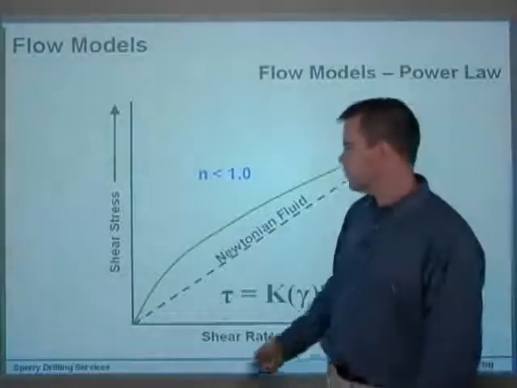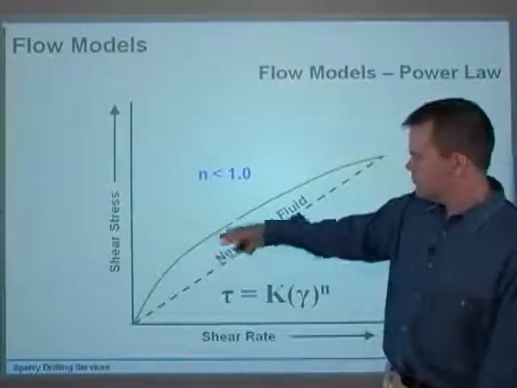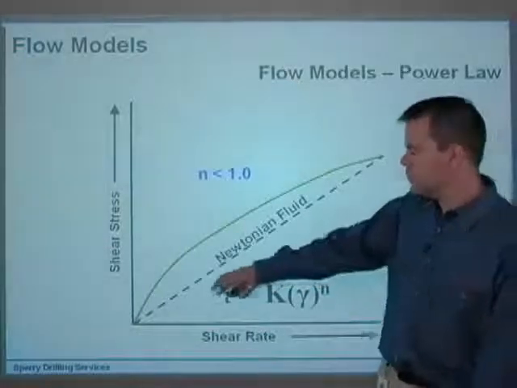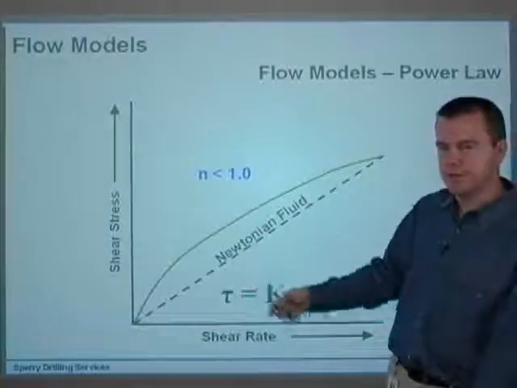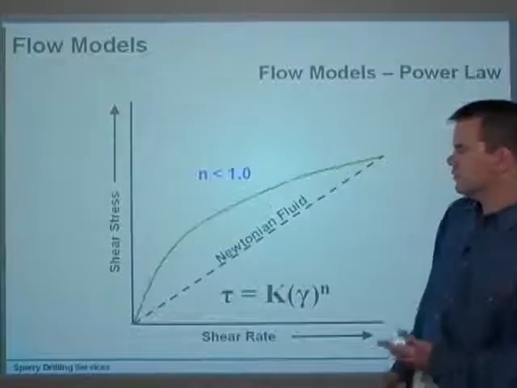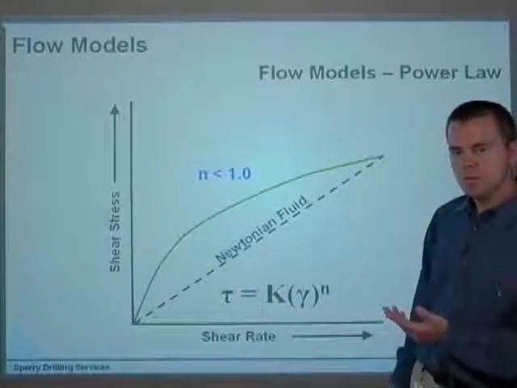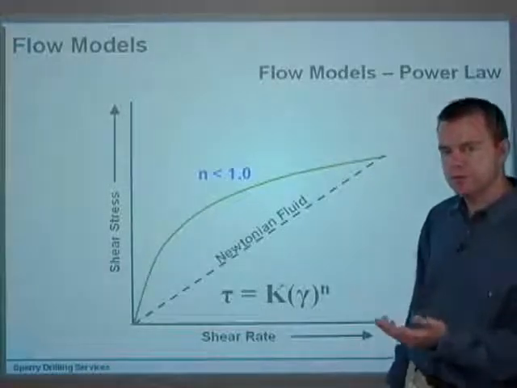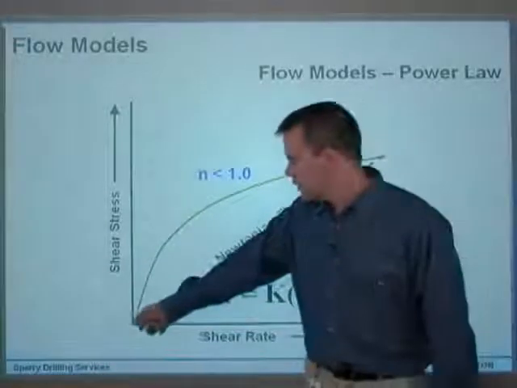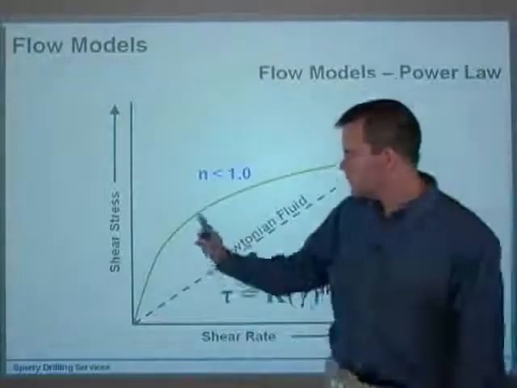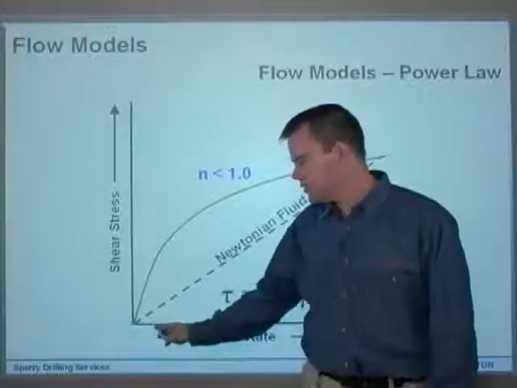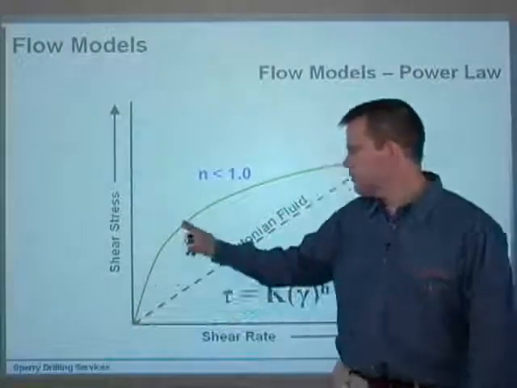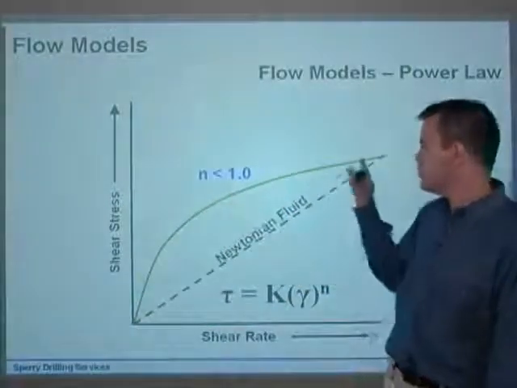As n becomes less than 1, because it's a power law relationship, gamma to the power of something less than 1 makes this curve off the straight line. And the lower the value of n, the greater the curve, until you end up with a curve like this, describing, again, the lower shear rates by this section of the curve, and then the higher shear rates are more of a straight line.